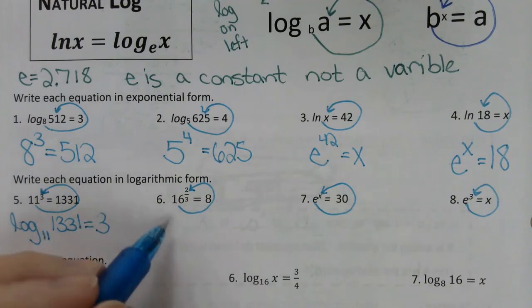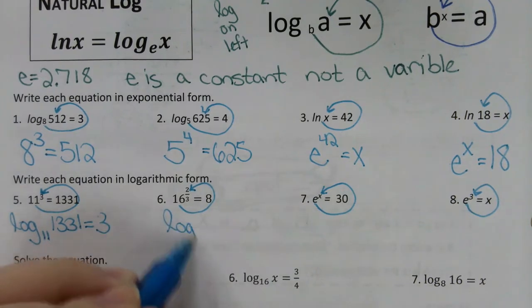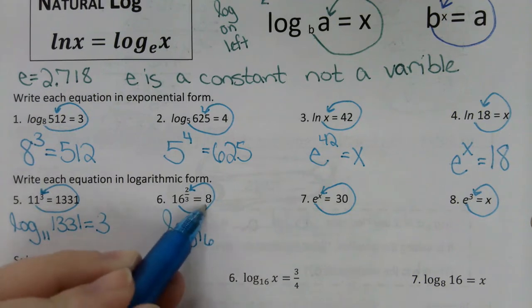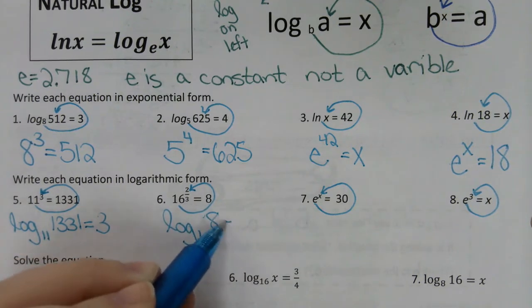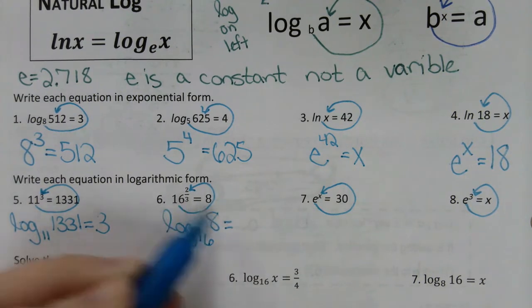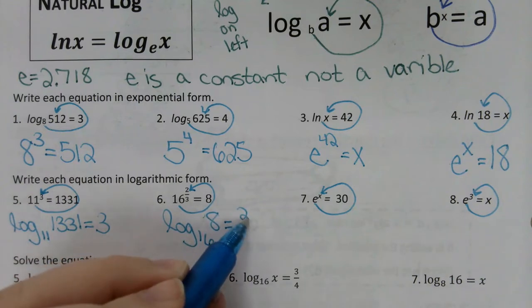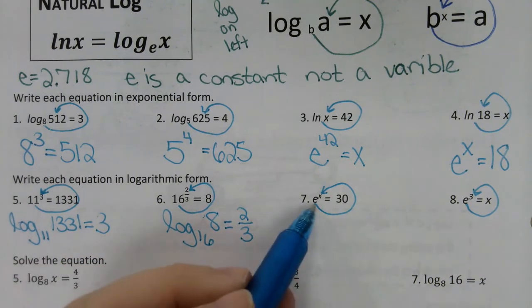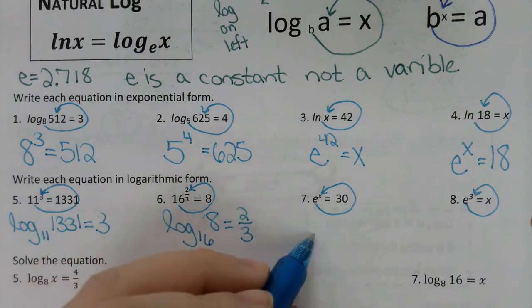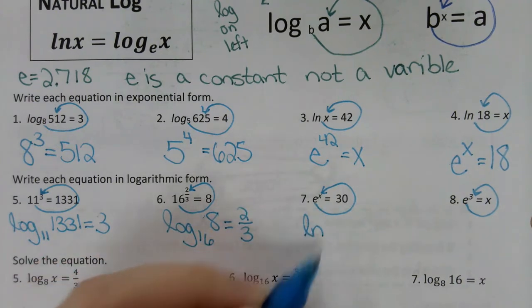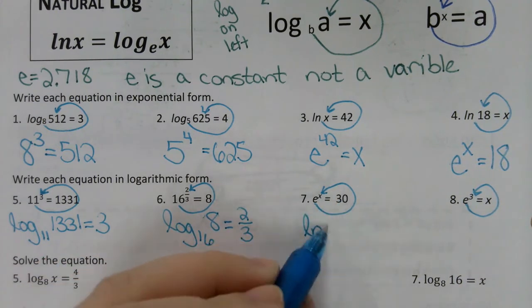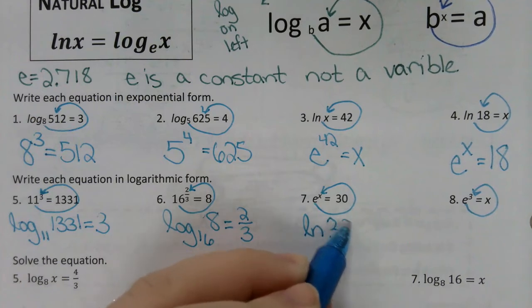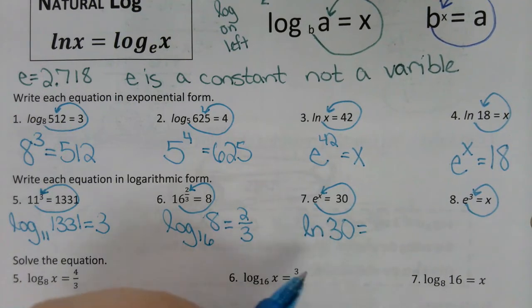Next one, log with a base of 16. We're trying to get to 8, and the exponent we're going to use to get there is 2/3. Log with a base of e, remember we don't write log base e, we write ln of 30, that's the number we're trying to get to, equals the exponent of x.